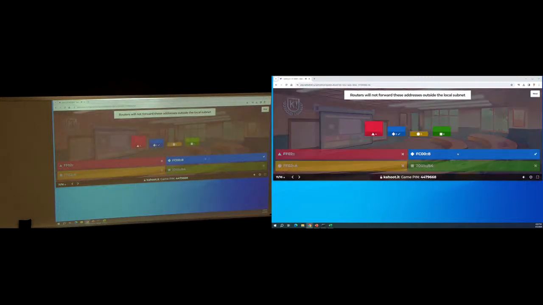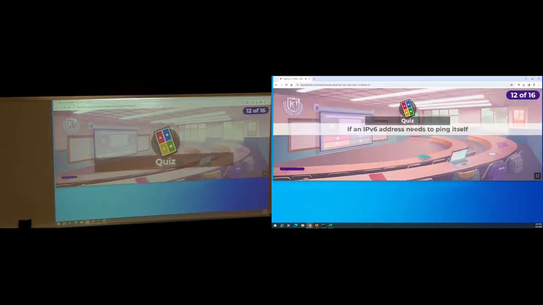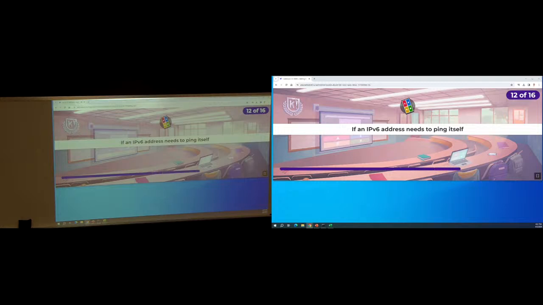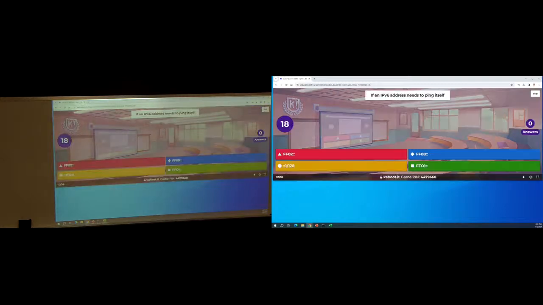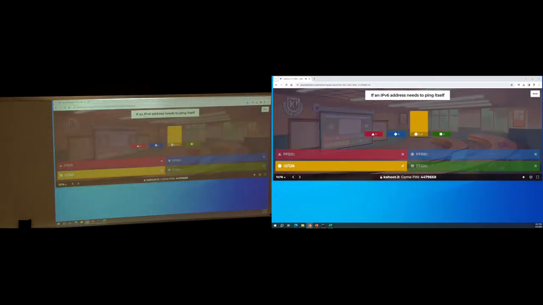Routers will not forward these. So remember, this is a unique local, so it's only relevant to its local subnetwork.